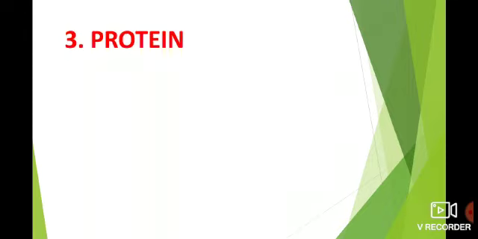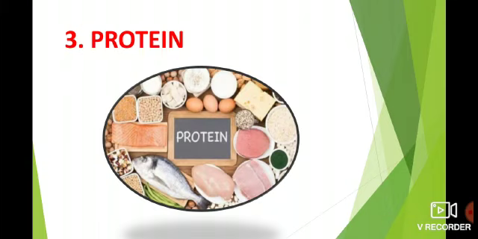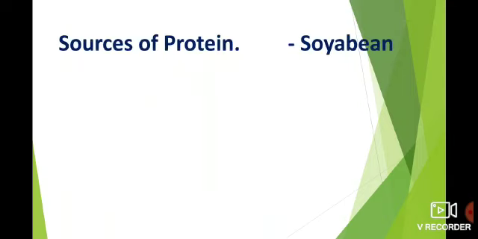Next we learn about the third food component, protein. Proteins are otherwise called body building foods. Proteins are necessary for growth and cell repair. Proteins are macronutrients, and during digestion they break down into smaller units such as amino acids.